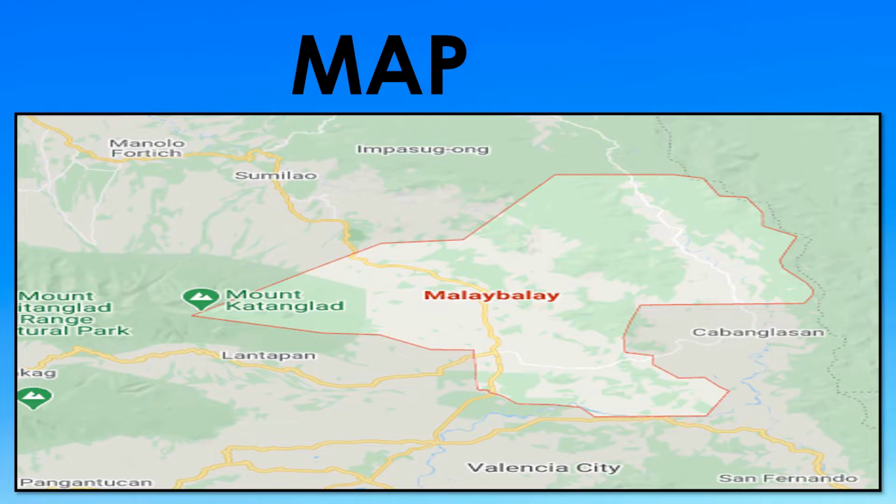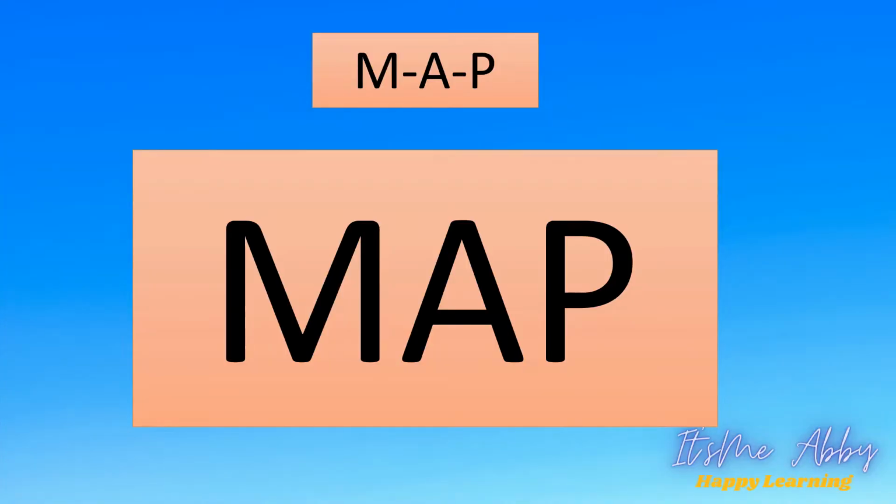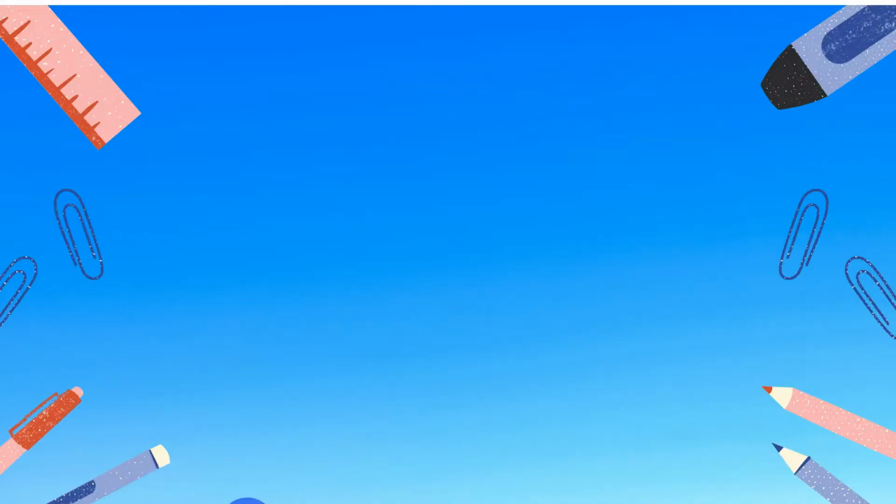There are many kinds of map, but the main purpose of having a map is to show the direction or to show the location of a place. Always remember the word map. M-A-P, map.